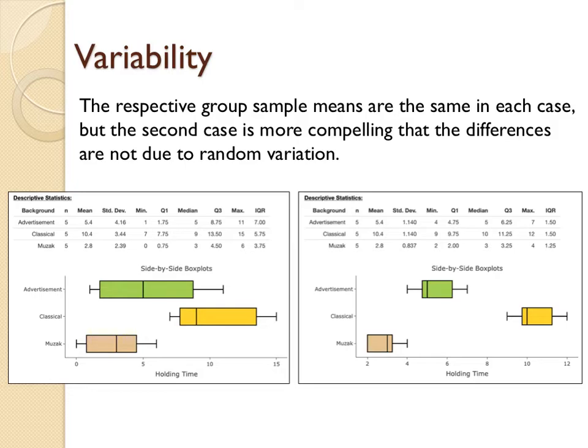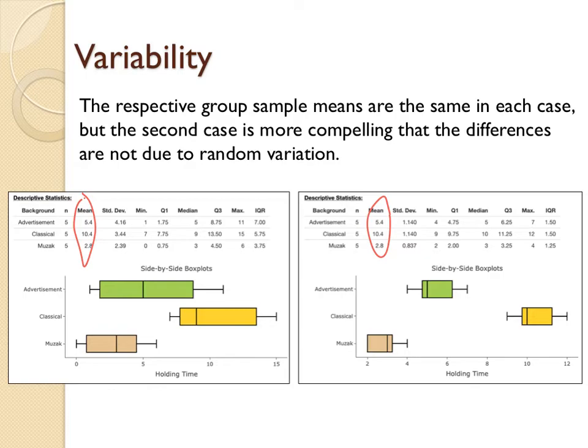If I draw those two different cases as box plots, we can see it a lot more easily. We also can verify here what I said about the means being the same. So these are the two cases again. The means are identical for those three groups. Notice on the left, the box plots are really, really spread out.